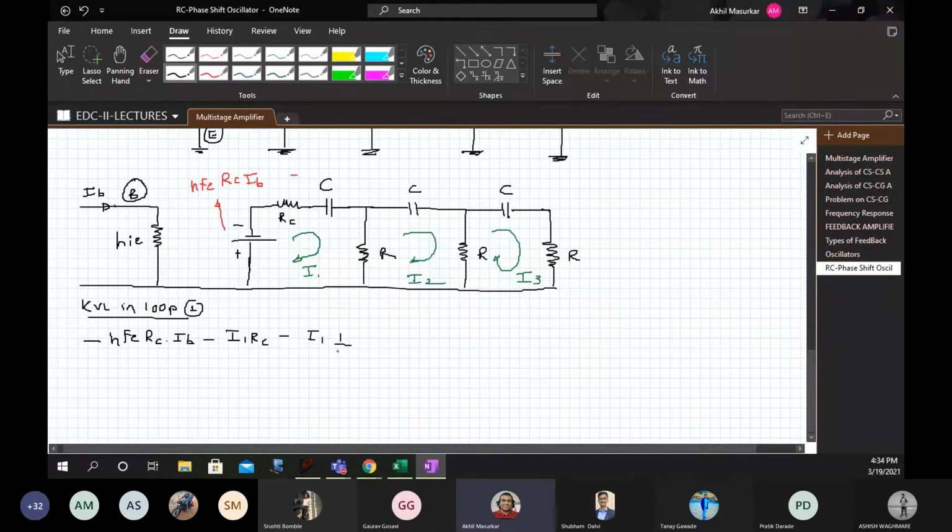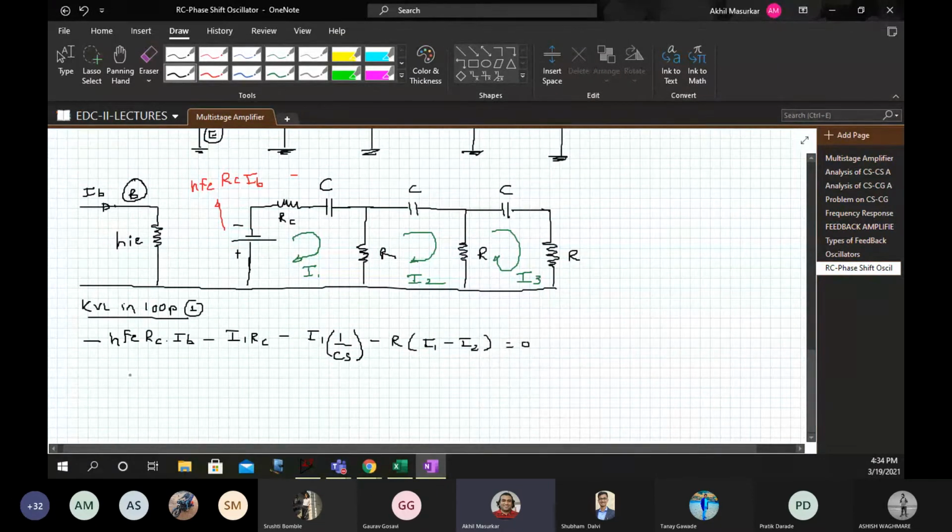It will be 1 by CS. Minus, what is this? R. So R into, what is the current flowing through R? It will be I1 minus I2, equal to 0.